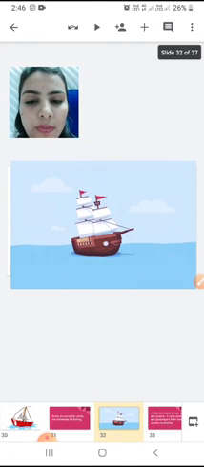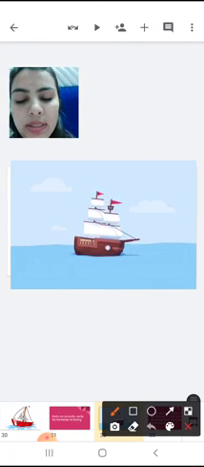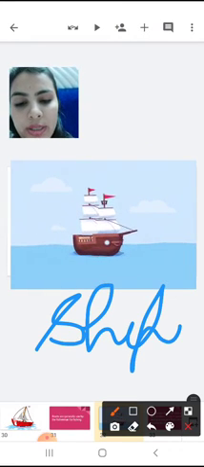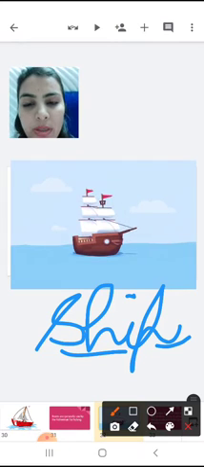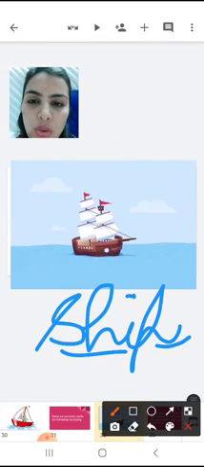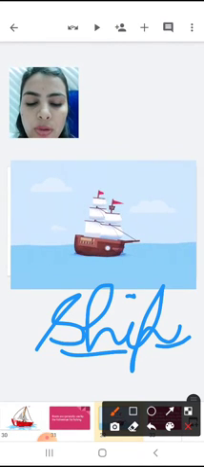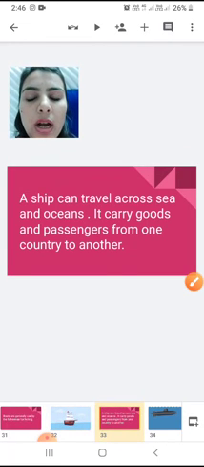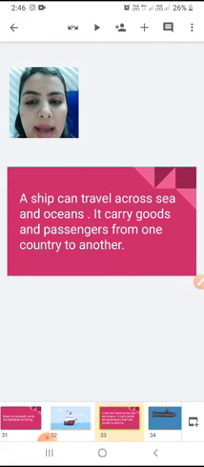Next, what is it? It is a ship, a big ship. Ship also travels on water, so it is a water transport. A ship can travel across seas and oceans.